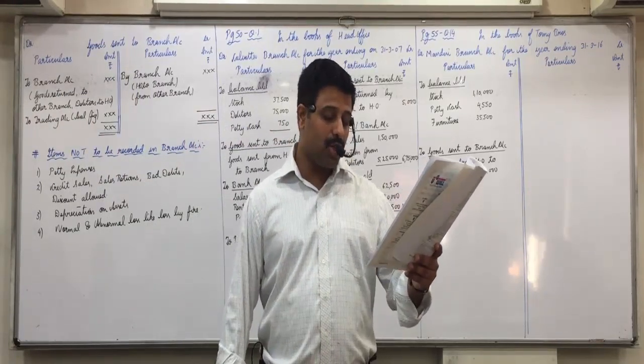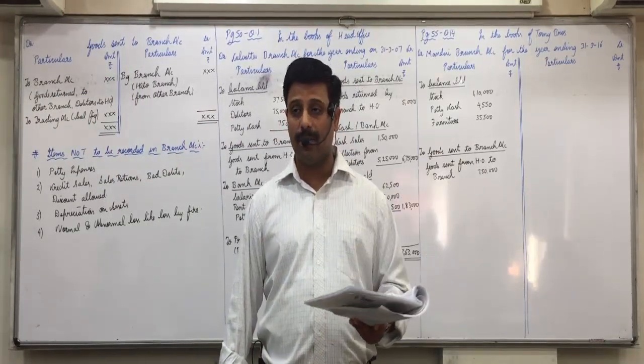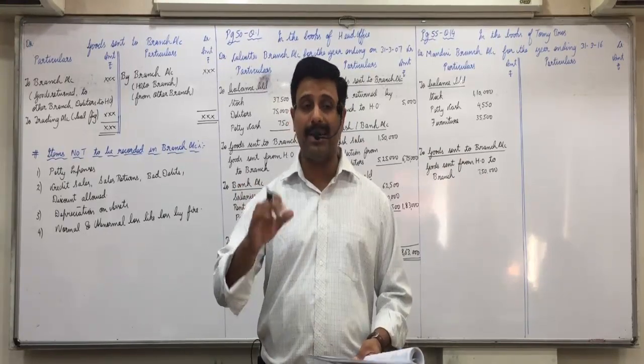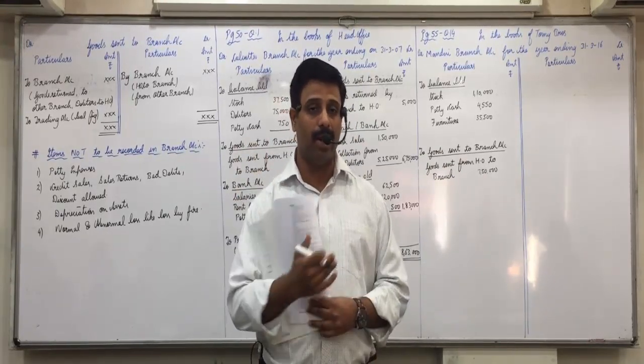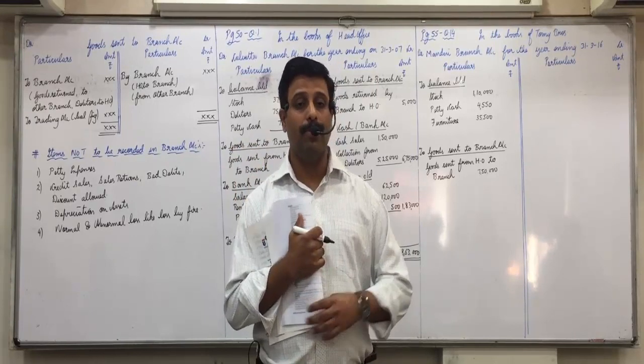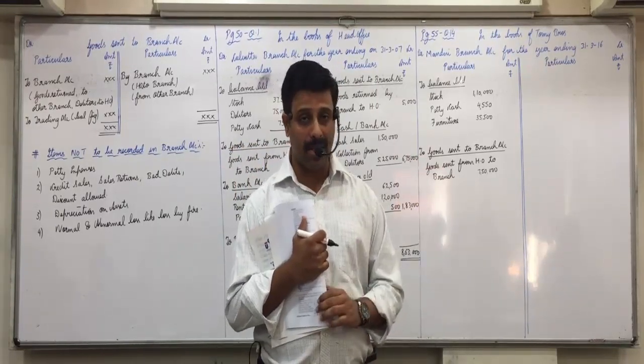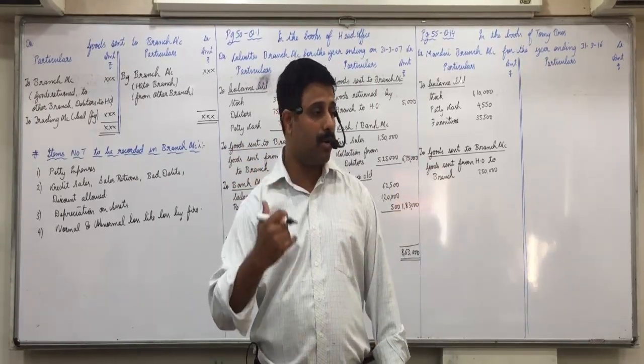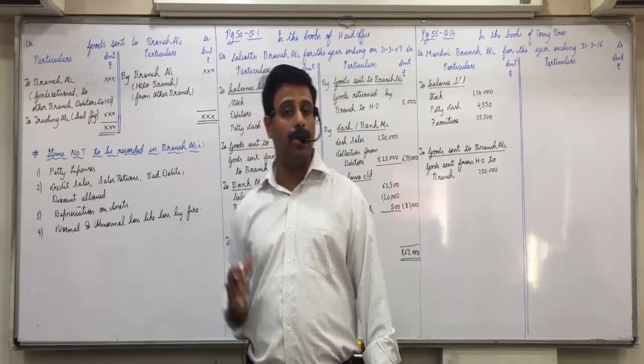Now this is the new thing, furniture sent by head office. We have not seen it in the format, so it will be a normal entry. If you see as per the data, furniture is sent by head office to branch. So branch is the receiver, debit the receiver, branch account debit. Furniture goes out, credit what goes out, furniture sent to branch account.